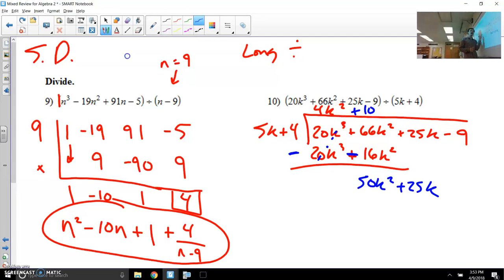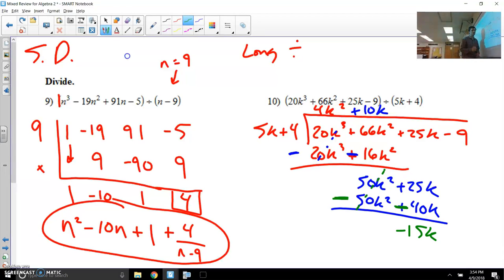But I only have 1k and I need 2, so I better have an extra k on that. Multiply together, 10k times 5k, 50k squared. 10k times 4, 40k. But again, we are subtracting each of these values. The first one cancels. 25 minus 40 is negative 15k.